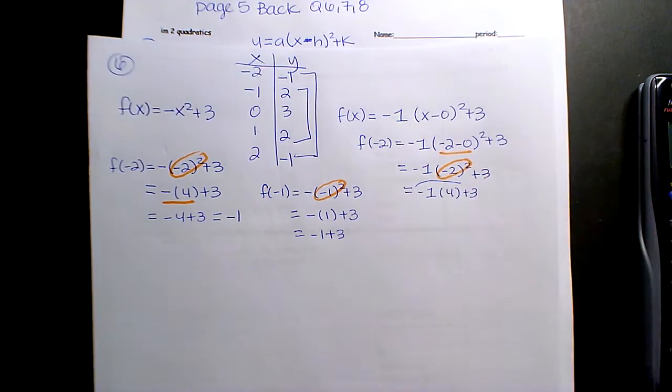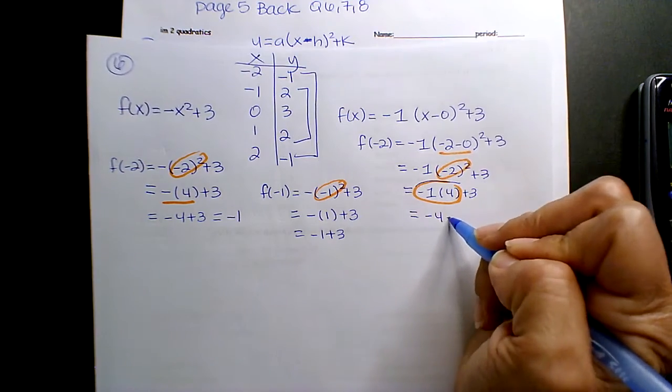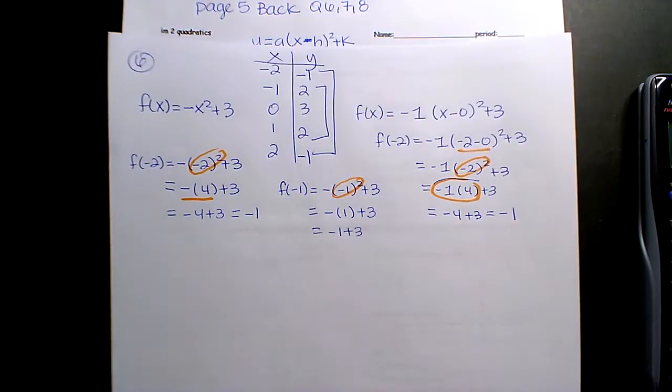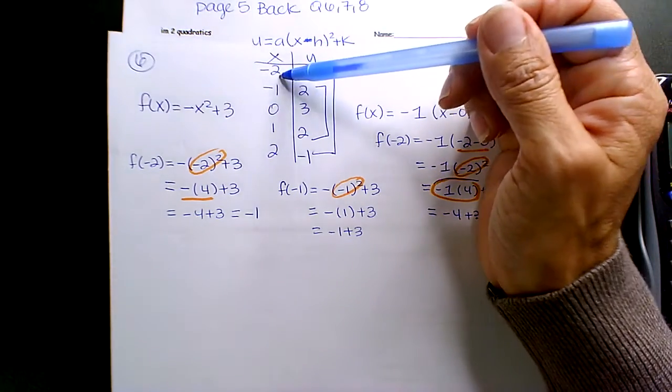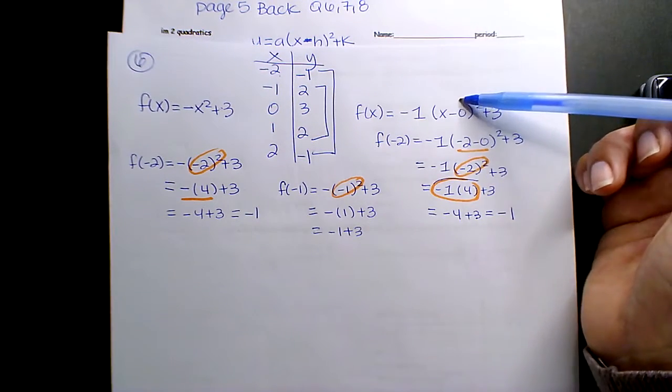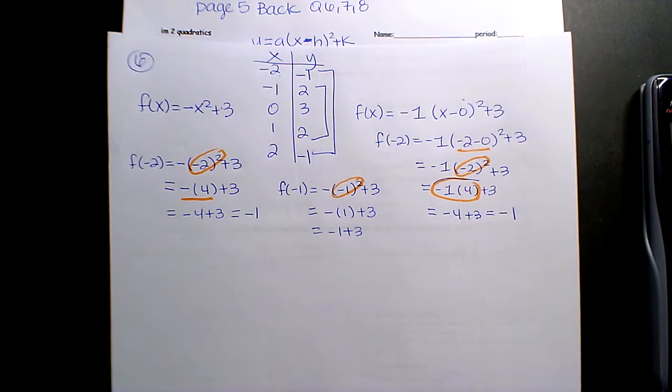What's -1 times 4? -4 plus 3, there's your -1. You still end up with the exact same answer. So it doesn't matter if you use the abbreviated or the super detailed.